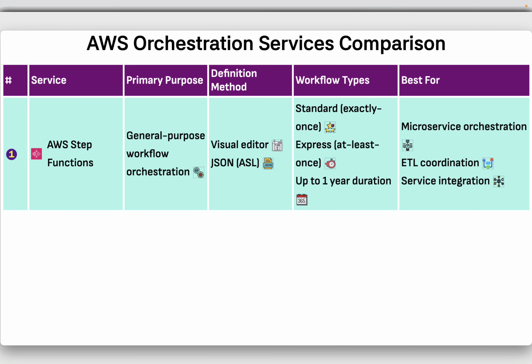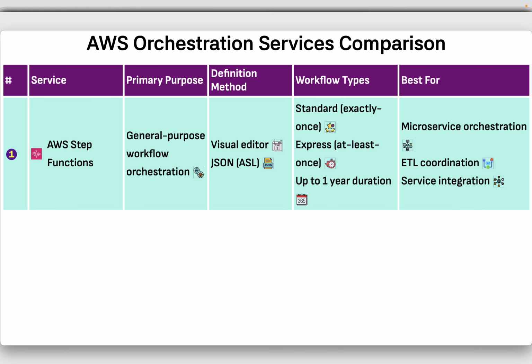Then workflow types: you can have Standard, which is exactly once workflow, and Express, which is at least once, so it will run at least once or more. Exactly once means it has to make sure it runs only once and not more. And it can have up to 1 year duration, so it can wait, and you can have some kind of condition, so it can last almost a year.